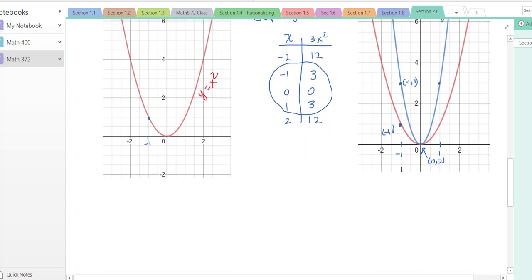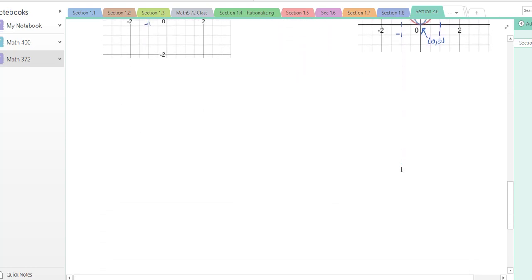So if we look at the t-table for y equals 1/4 x squared, notice that now we're going to have my x and 1/4 x squared. So if I pick my same values, at -2, -2 squared is 4. 1/4 of that will be 1. -1 squared is +1, so 1/4 of that will be 1/4.